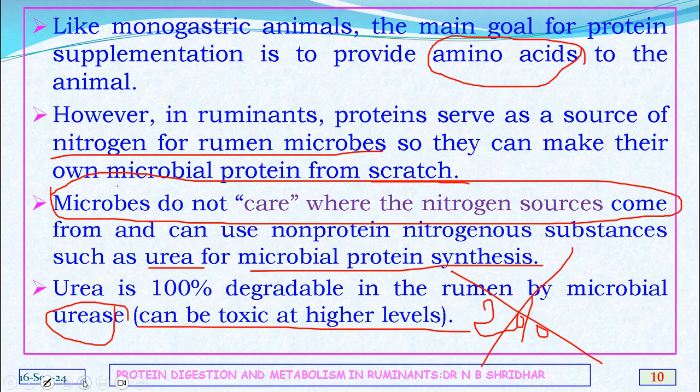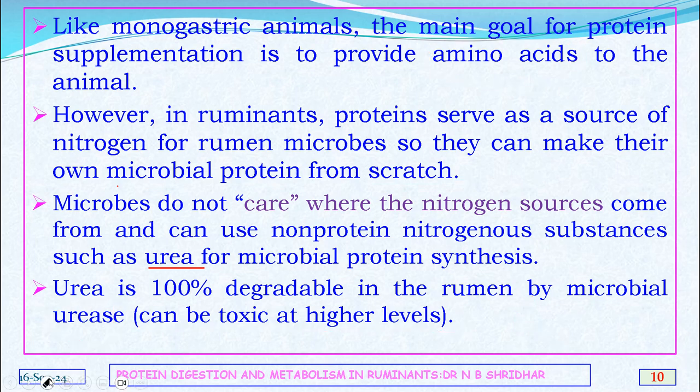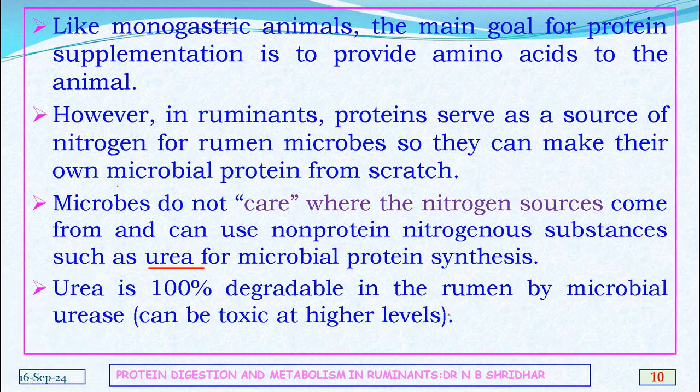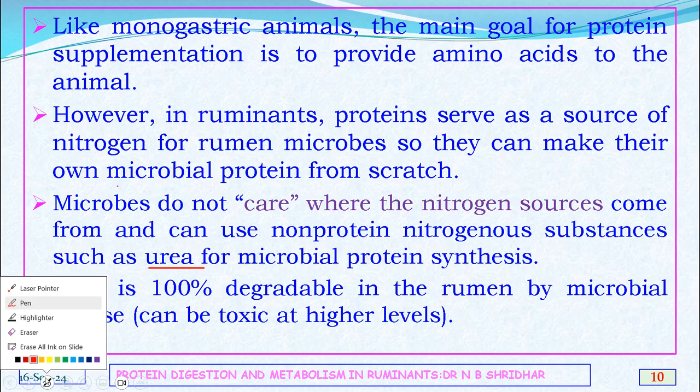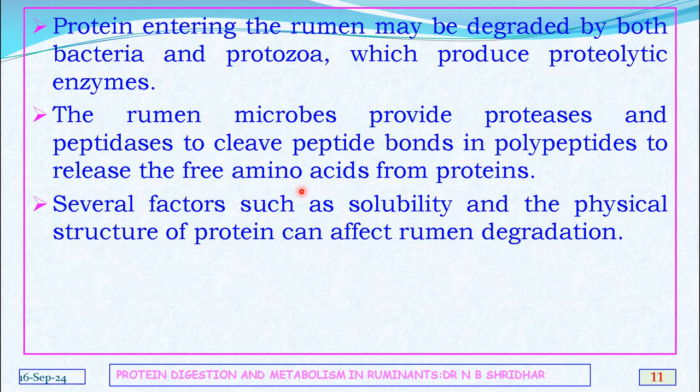Because of this characteristic feature, proteins are divided into different categories. They are always subjected to degradation in the rumen by microbial urease, which can be toxic at higher levels.